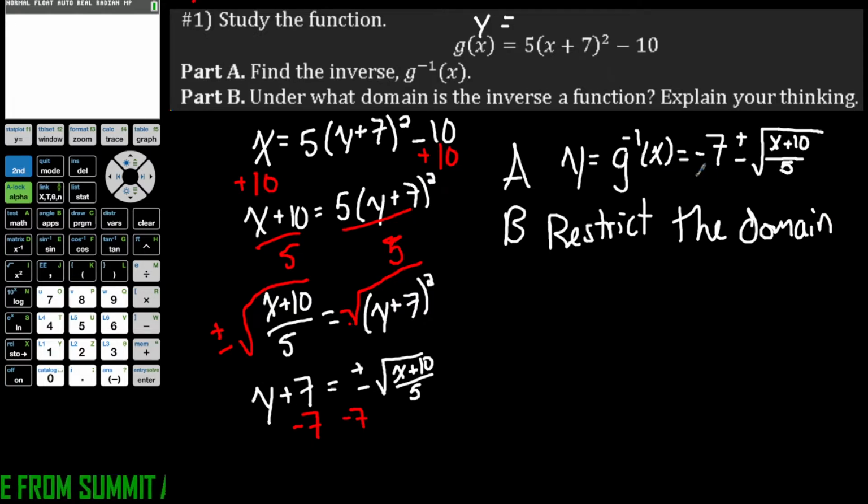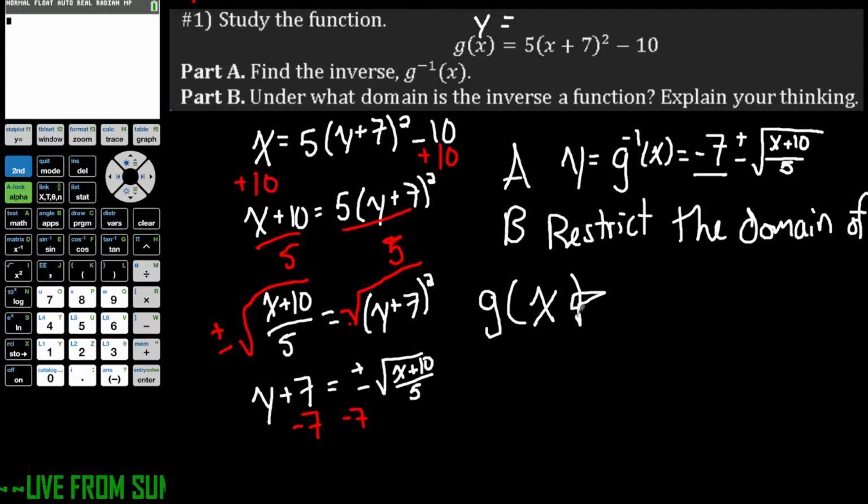And we're going to look at this initial value. So we have that -7. So we're going to say restrict the domain of g of x.